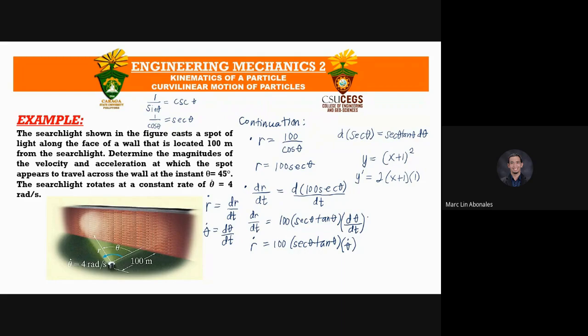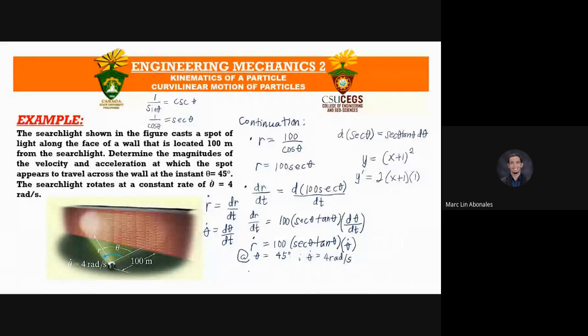So we just substitute here on our equation. If we let the angle theta is equal to 45 degrees because at that instant man, and the angular velocity or theta dot, that is 4 radians per second.